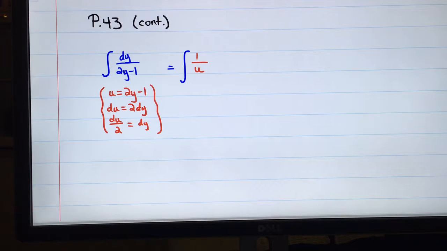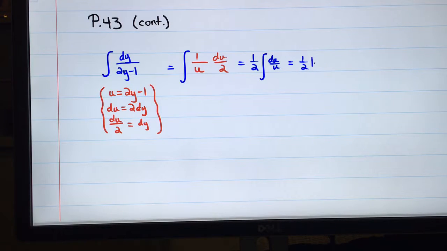Okay, so I have the reciprocal of u upon dividing by 2y minus 1. And again, for dy, I have 1/2 of du. So we have 1/2 the integral of the reciprocal of u du.